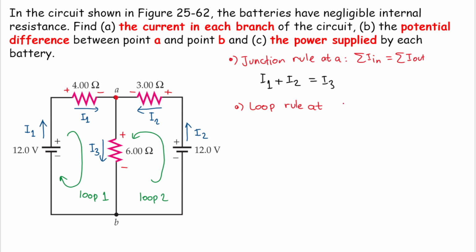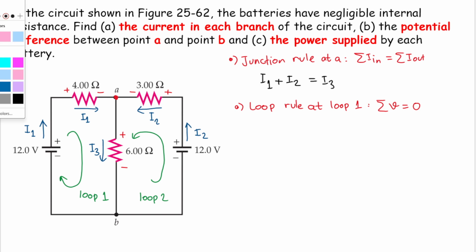Okay, now let's do the loop rule at loop 1. The loop rule says that the sum of the voltages in a loop will equal 0. Now, we have to be very careful about the signs here. Let's start from this battery here, with the loop entering from the negative terminal.